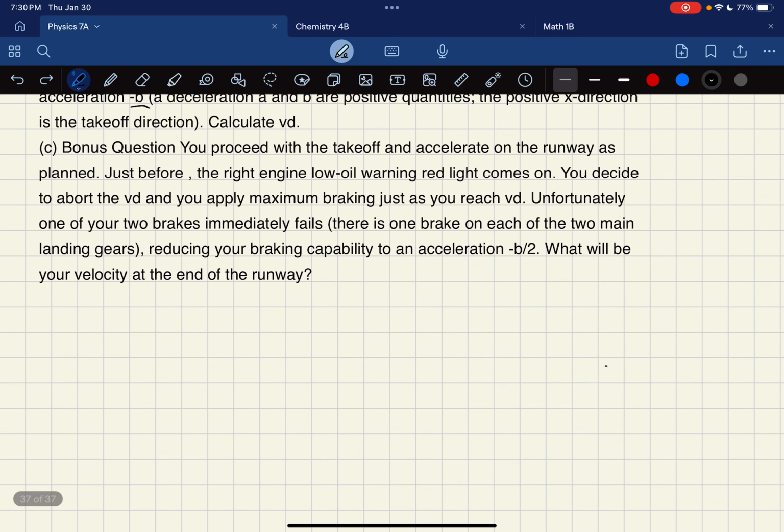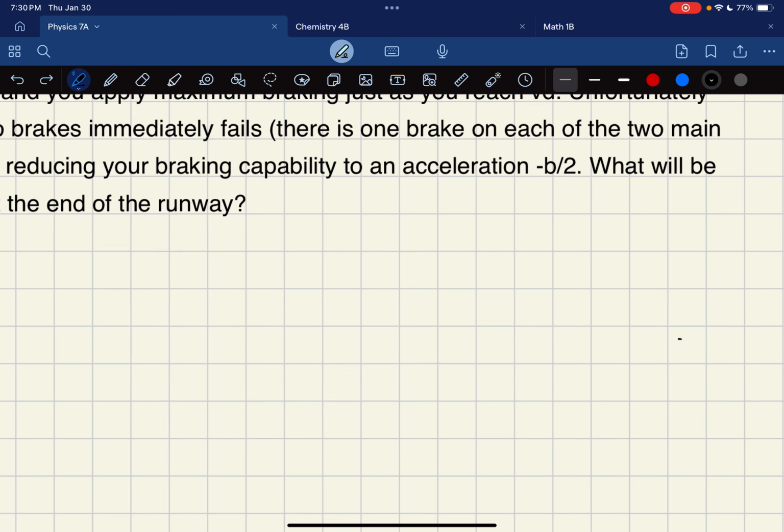So I'm going to again draw a velocity versus time graph, because I believe that will be helpful in aiding us in this problem. We have velocity here, time here. So we're starting off with our normal acceleration, slope equals A, right?